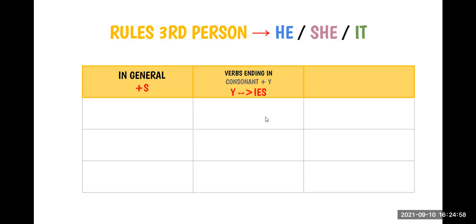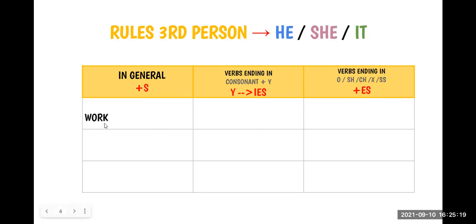Okay? The next rule. When we have a verb and this verb ends in O, SH, CH, X, or SS, we need to add ES at the end. Okay?